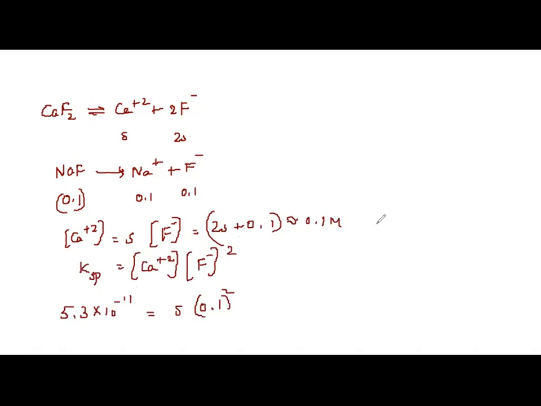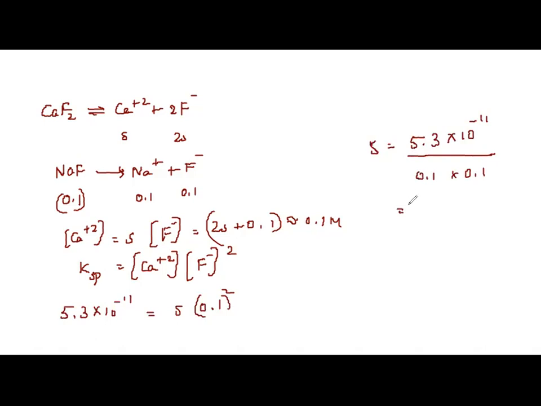So here S will be equal to 5.3 into 10 raised to minus 11 divided by 0.1 into 0.1. So 0.1 into 0.1 is 10 raised to minus 2. Take it to the numerator, it becomes 10 raised to plus 2.